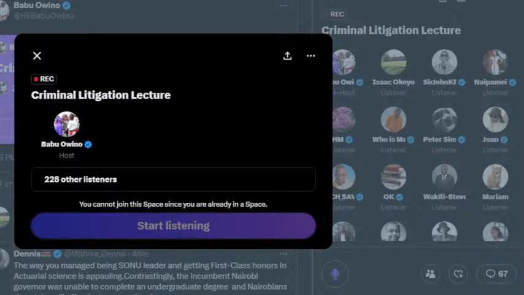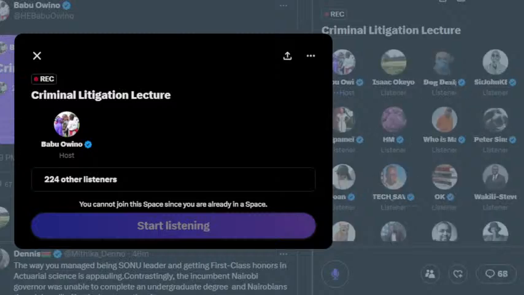So in extradition, there are conditions required for the extradition process to take place. Condition number one, there must be an extradition treaty between the two countries, that Kenya and America have a treaty on extradition.